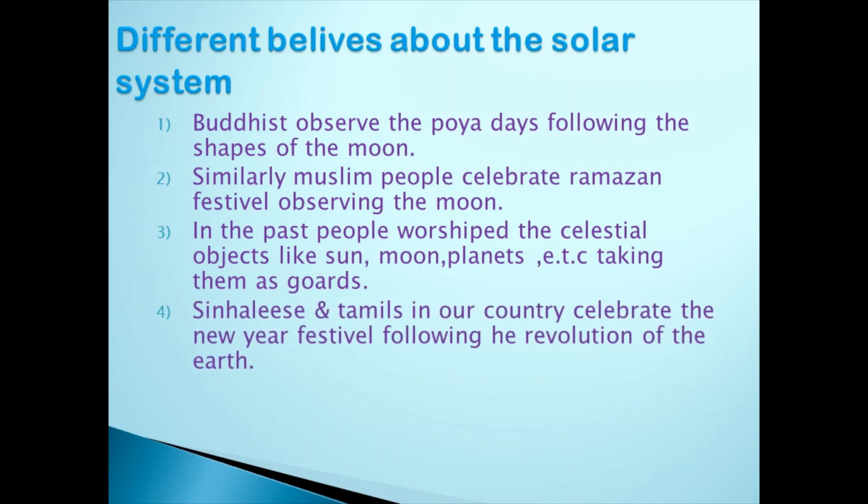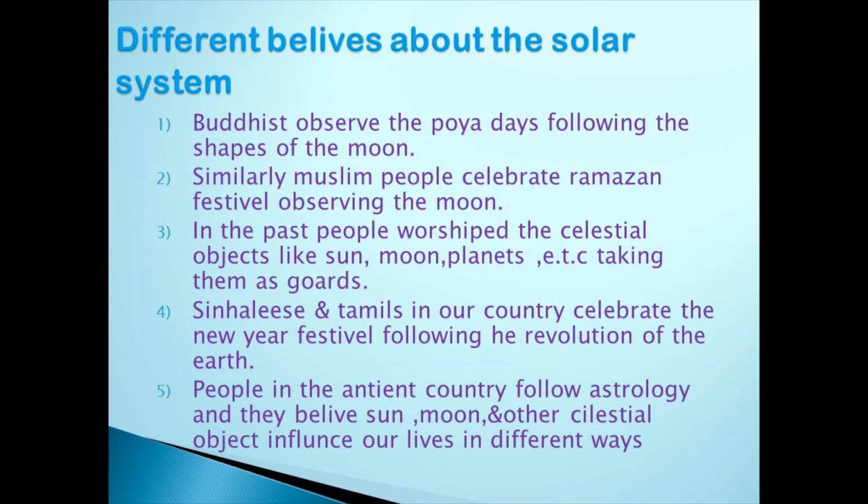Sinhalese and Tamils in our country celebrate the New Year festival following the revolution of the Earth. People in ancient times followed astrology and believed the sun, moon and other celestial objects influence our lives in different ways.